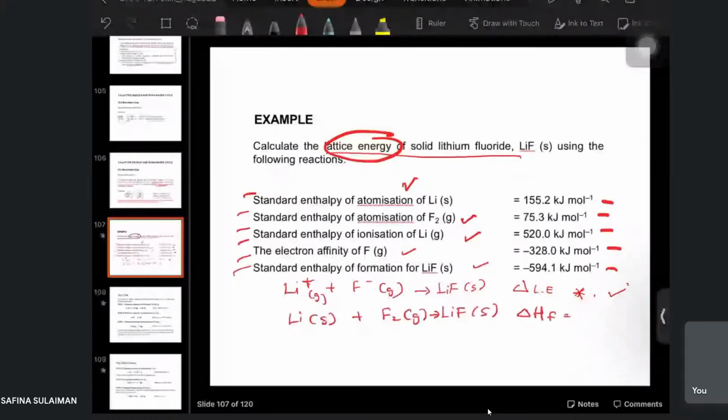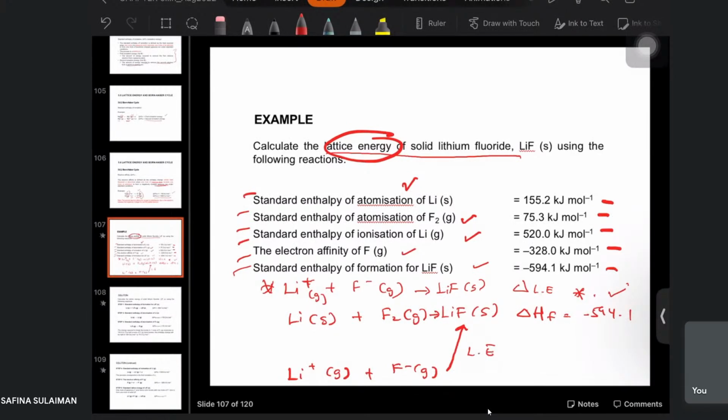This is delta H naught formation, iaitu negative 594.1. Tapi yang kita nak adalah lattice energy. Jadi untuk dapatkan lattice energy, sebenarnya lattice energy kat sini lah, Li plus gas plus dengan F minus gas. This one is the lattice energy.